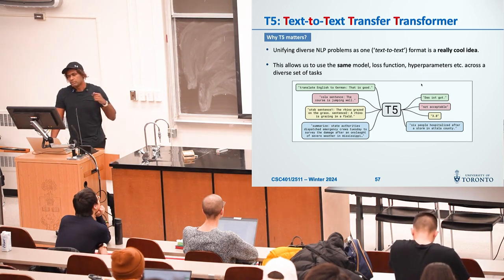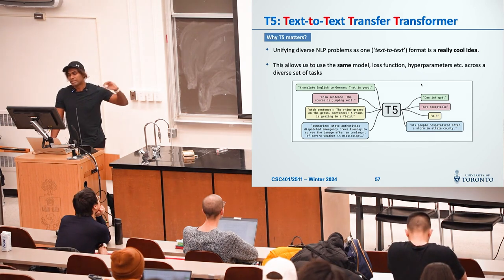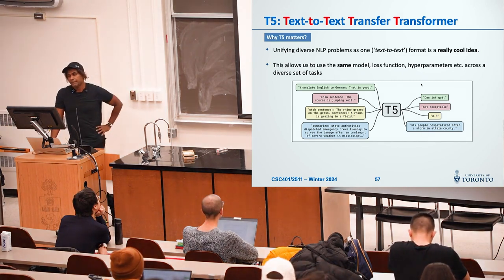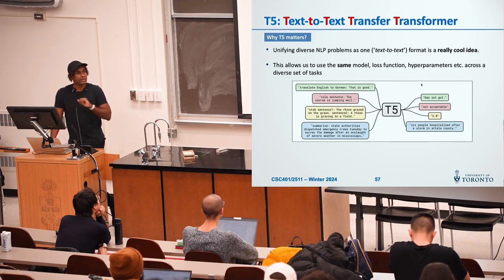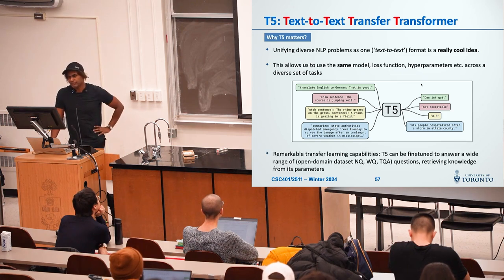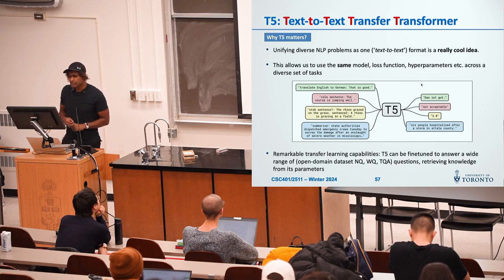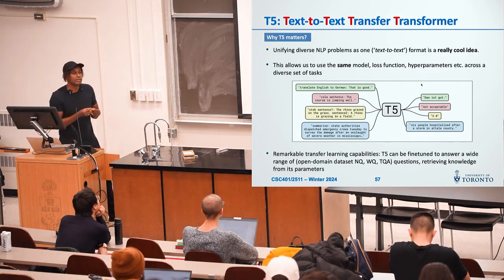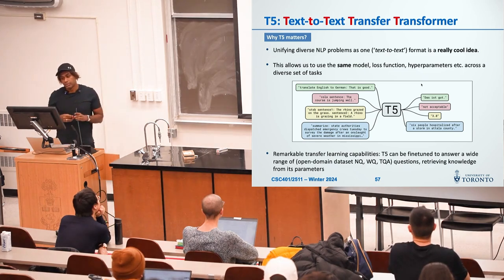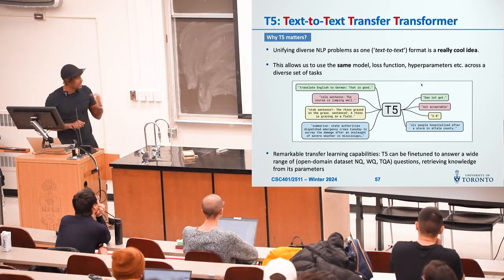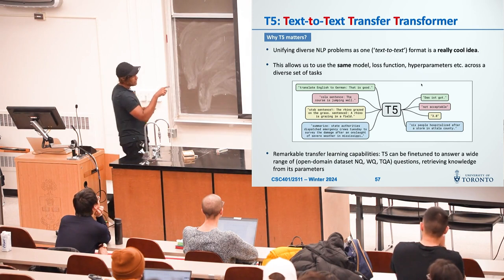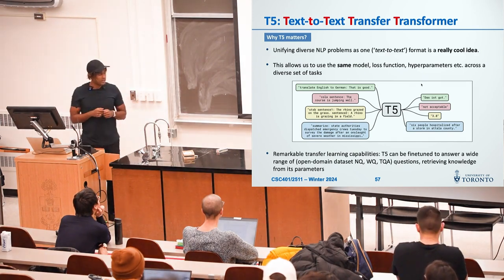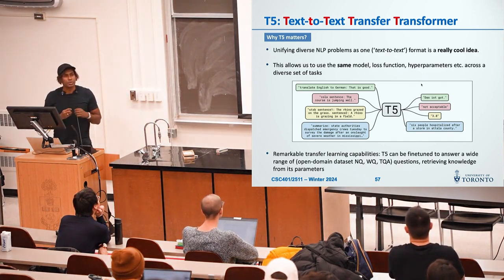Okay, so it unified all NLP problems into one text-to-text format, which is a really cool idea, and which allowed the same model, loss function, hyperparameters, etc., across a diverse set of tasks. And it was remarkable that T5 could be fine-tuned to answer a wide range of open domain questions. So it performed very well on open domain datasets like Natural Questions and TriviaQA, sort of question answering datasets, which showed that you can retrieve.